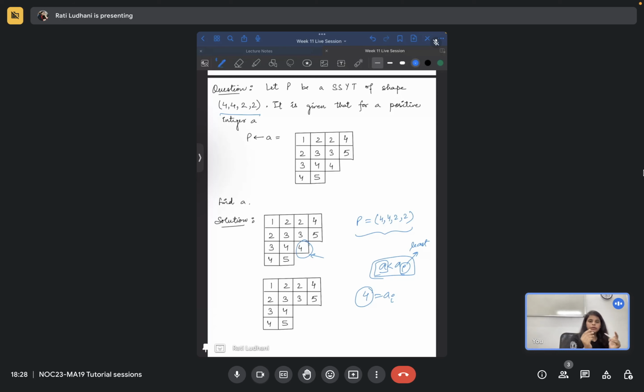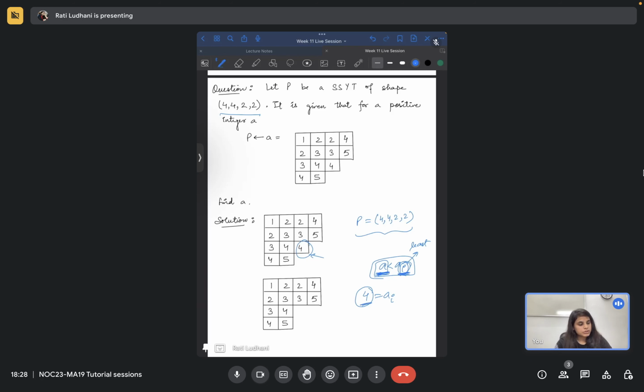So 4 is equal to ai. Now you need to find such a, or maybe in the previous step, such a that a is less than ai, and ai is the least one. So let's see. First look at such a which is less than ai, that means less than 4.